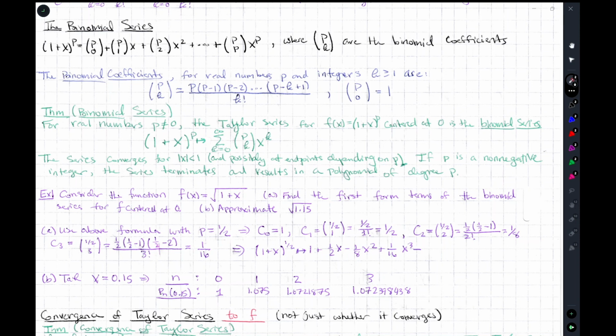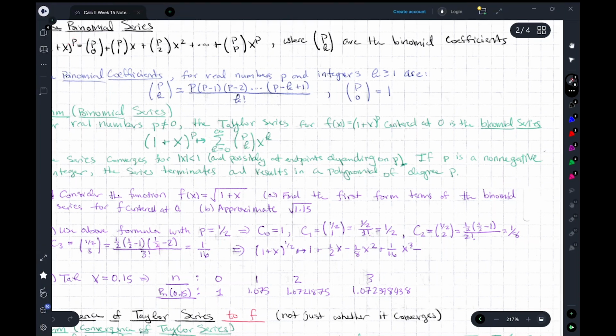So it's common to encounter terms that look like this. We saw with the geometric series that we had p equal to negative 1, and then instead of the plus x here, we had 1 minus x. So terms similar to this come up often.